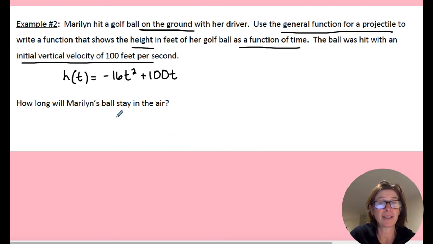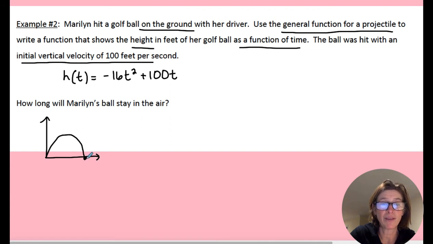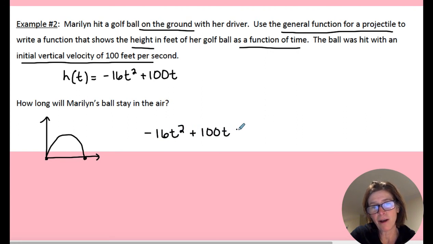How long will Marilyn's ball stay in the air? Again, quick sketch. Started at 0, it went to here, so I'm looking for this x-intercept since I already have the other one. So I'm going to set the function equal to 0. And I'm going to probably divide here by negative 4 to simplify, because I always want it in the simplest form possible, and I like it when t squared is positive.